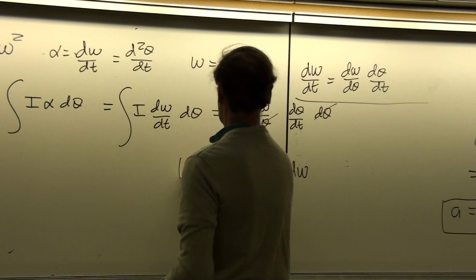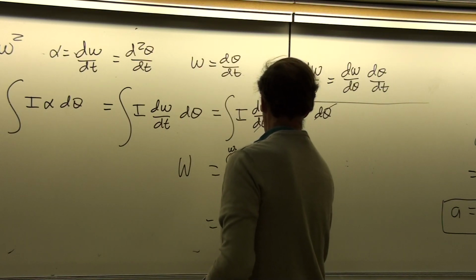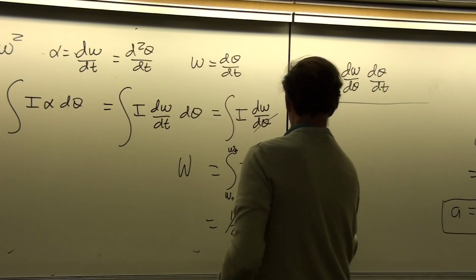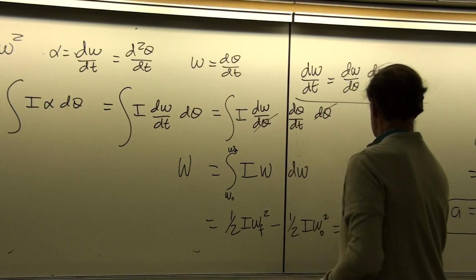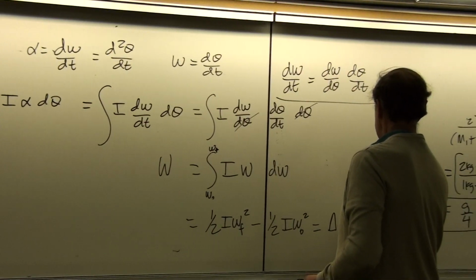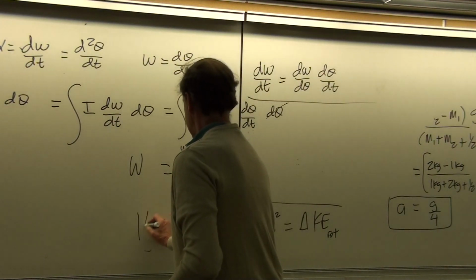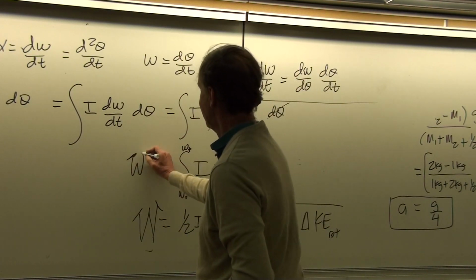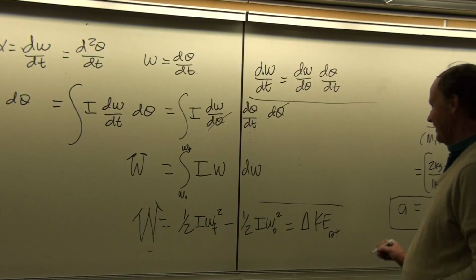And so our work done is equal to 1/2 I omega final squared minus 1/2 I omega initial squared. Or this is just the change in the kinetic energy of rotation. And so that's equal to the work that's done. Here I'm going to write work with a little subscript on it so we don't confuse that with our omega.